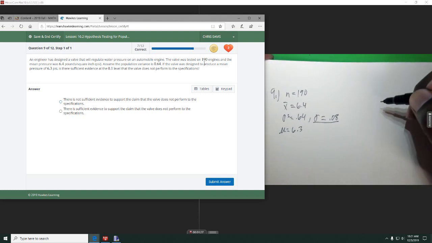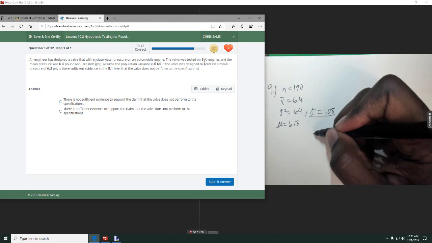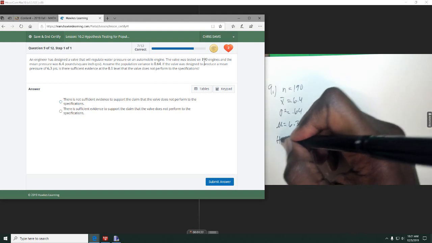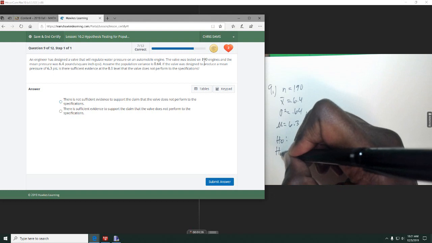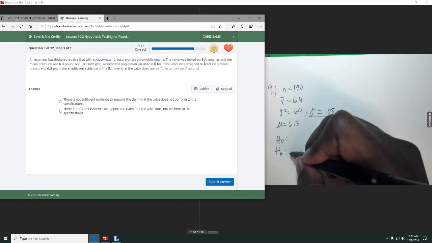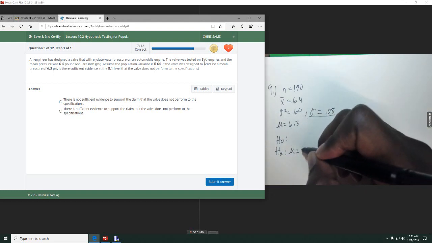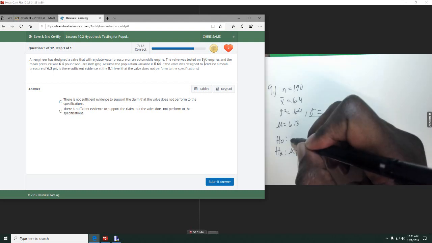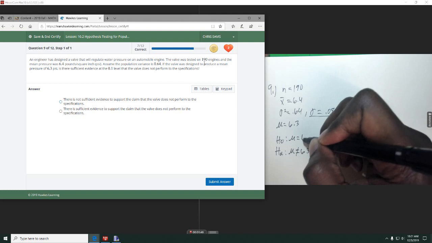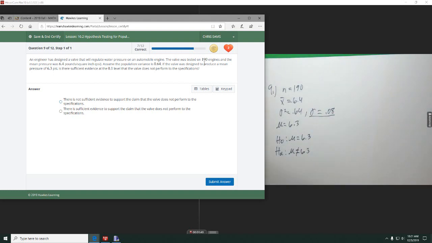So setting up my null and alternative, I'm going to move this, but let's do it here. Null and alternative. The mean is equal to 6.3, and the alternative is the mean is not equal to 6.3. So this is a true mean.